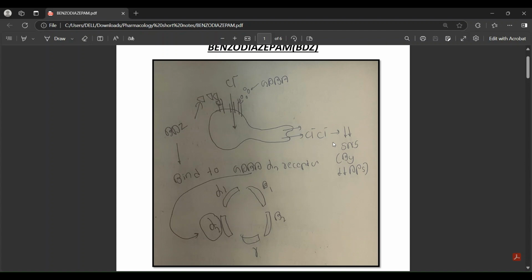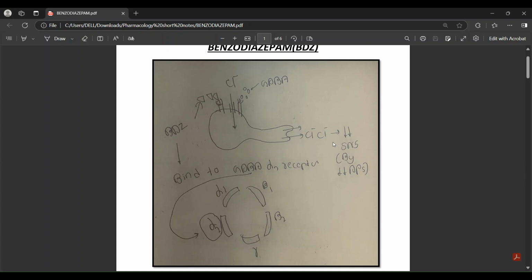So you have to understand. Normally GABA is an inhibitory neurotransmitter. It binds with receptors, releases chlorine, and chlorine reduces the sympathetic nervous system activity by reducing the action potentials.